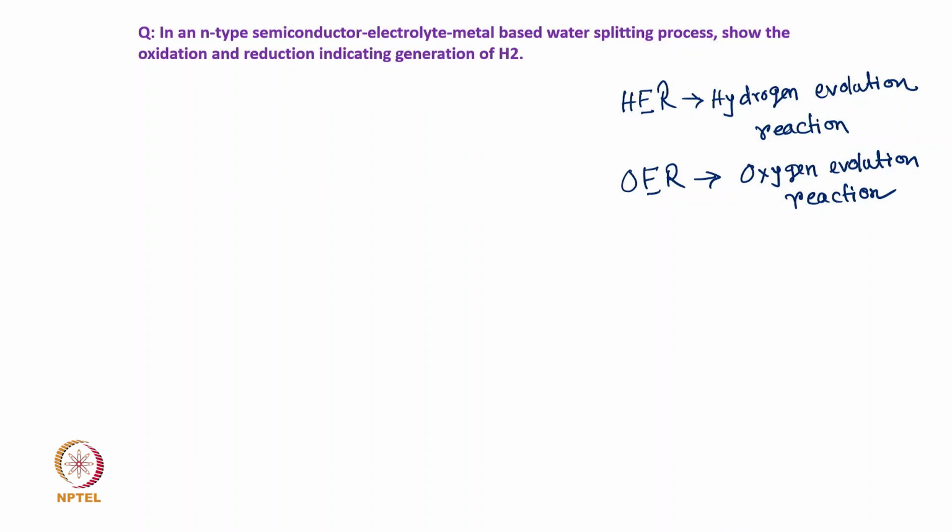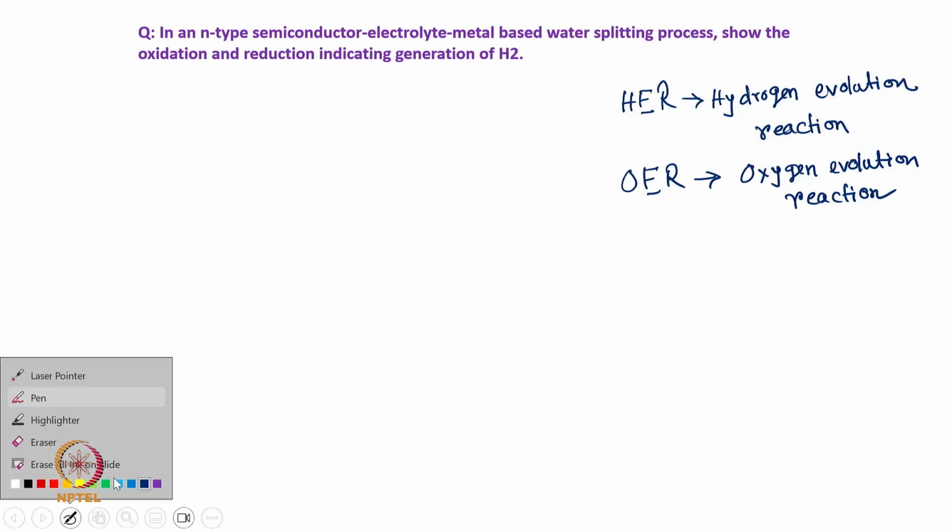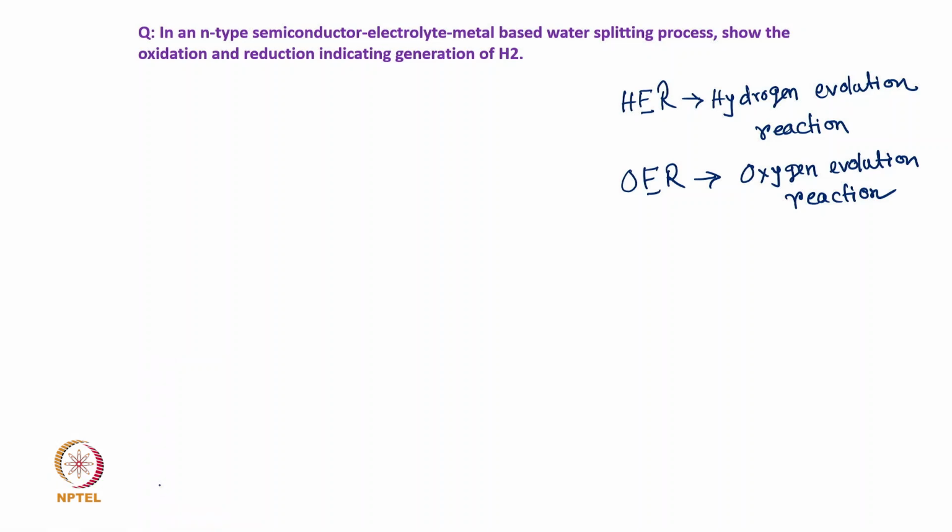So let us see a system where we have an N-type semiconductor as one electrode and a metal as another electrode. This is an N-type semiconductor, which I write in this manner.